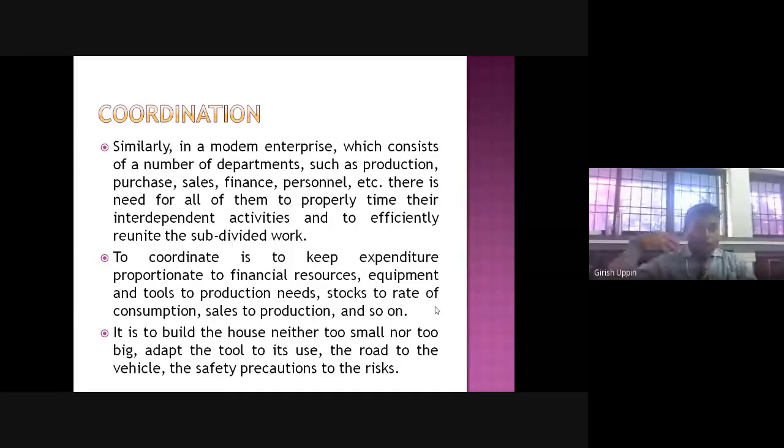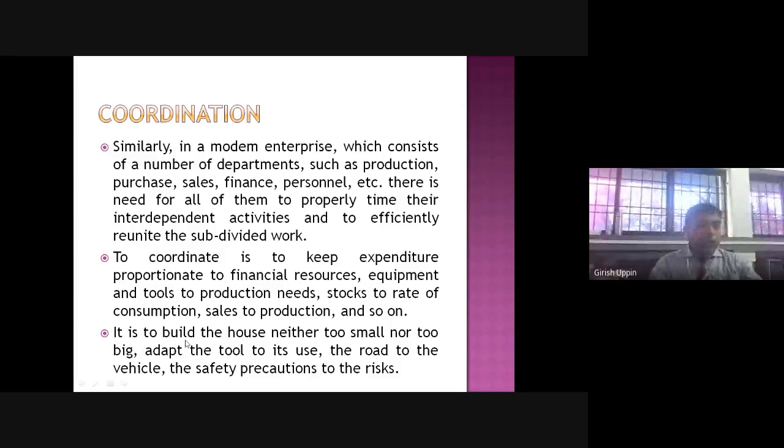According to how much the sales team is selling, you have to do the production. Let us say the sales team is selling 5,000 products. There is no point in producing 10,000 products per day, right? So it should match whatever the sales figure is. That is how each of the departments should coordinate.